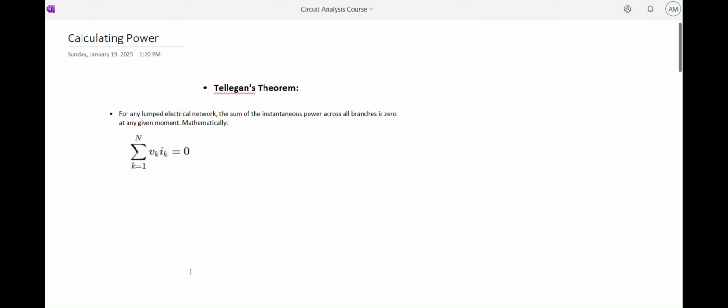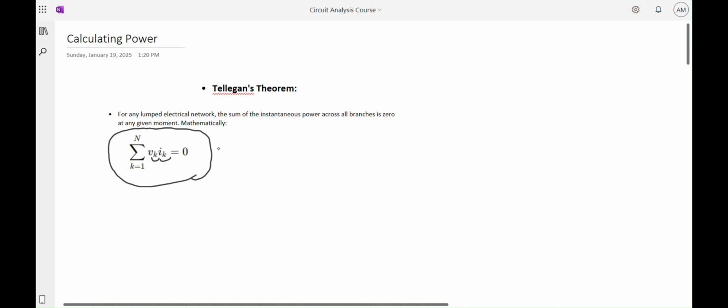In an isolated system, the energy cannot disappear or increase unless there is an exterior force imposed onto that system. So Tellegen's theorem in circuit analysis can be stated as the summation of Vk Ik, where k ranges from 1 to n.